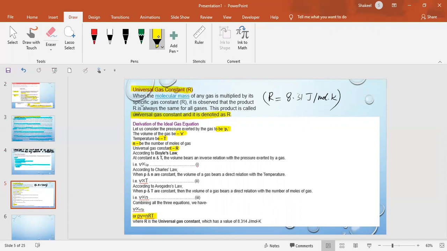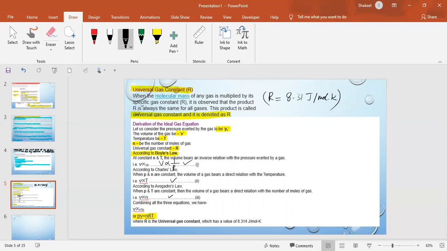According to Boyle's law, the volume is inversely proportional to pressure. According to Charles' law, volume is directly proportional to temperature. And the third law is that the volume of the gas is directly proportional to the number of moles.